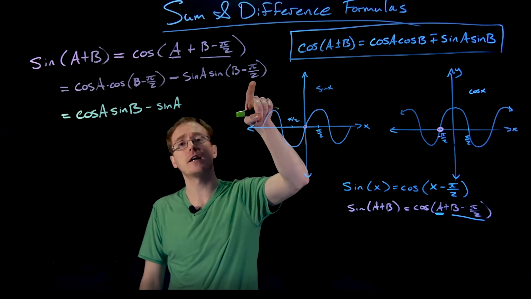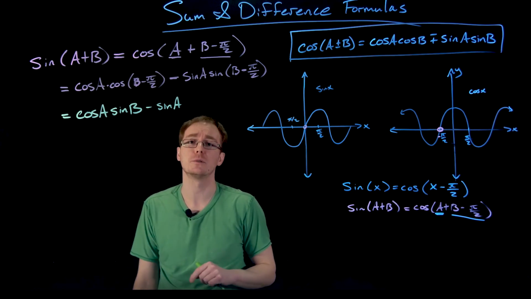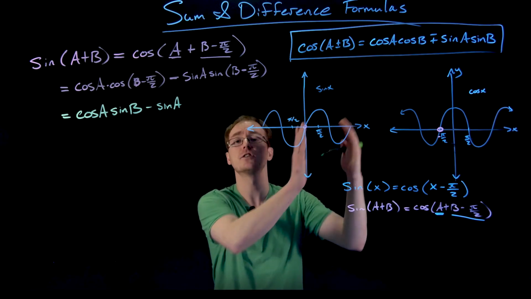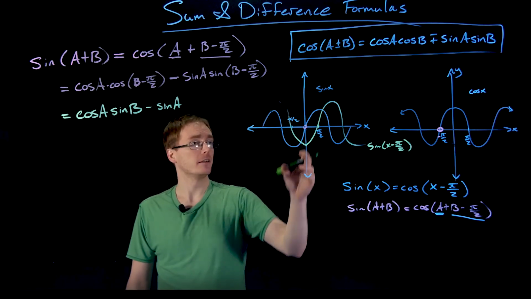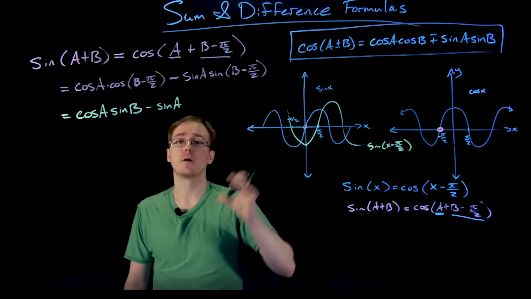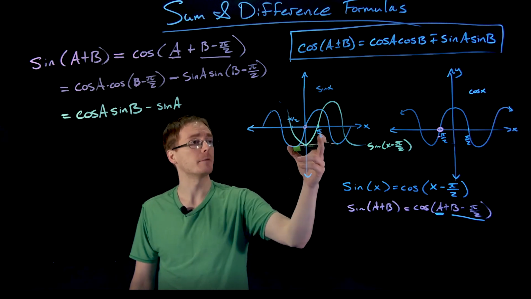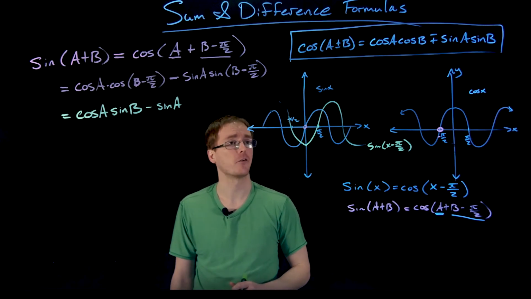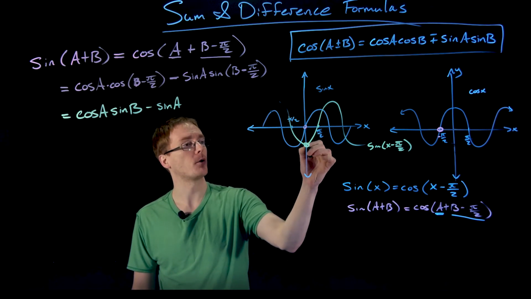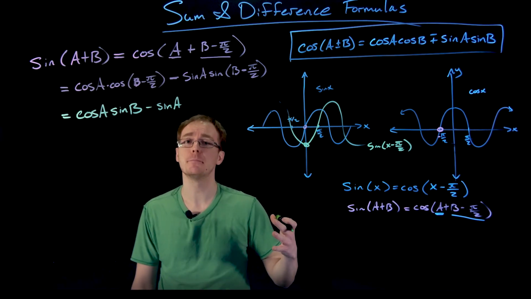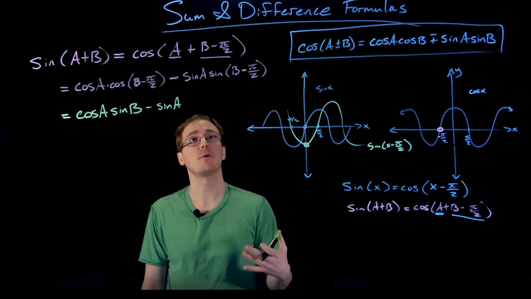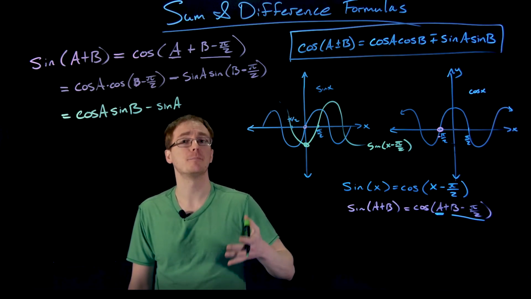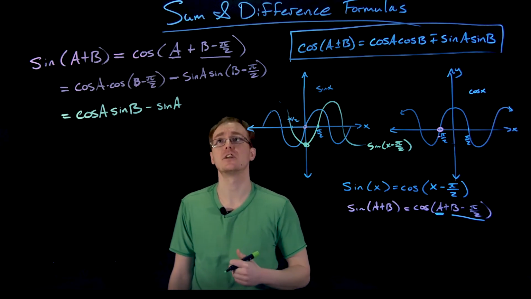What happens to our sine function if we subtract pi over 2 from its input? Well, that is going to shift it to the right pi over 2 units. In green, I have the shifted version of our blue graph, our sine function, to the right pi over 2 units. So that gives us sine of the quantity x minus pi over 2. And well, if we look at that starting point, or the point going through the origin, it's at a minimum. So that's going to correspond to a cosine function, but a negative or vertically reflected cosine function.